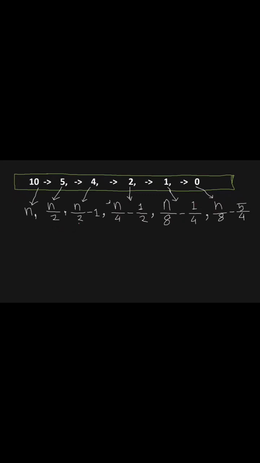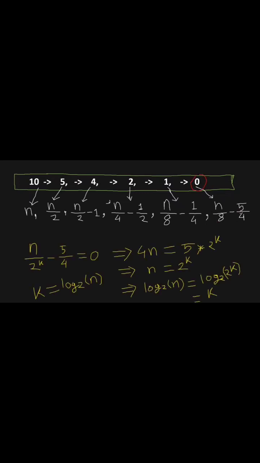And here what we see? We see that the value for 0 is n divided by 8 minus 5 divided by 4. Okay, so here we can see n divided by 2 to the power k. So we can rewrite it like this: n divided by 2 to the power k, and 5 divided by 4 equals 0. So we can rewrite this equation as n equals 5 times 2 to the power k.